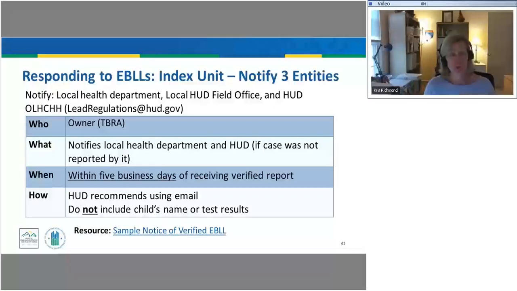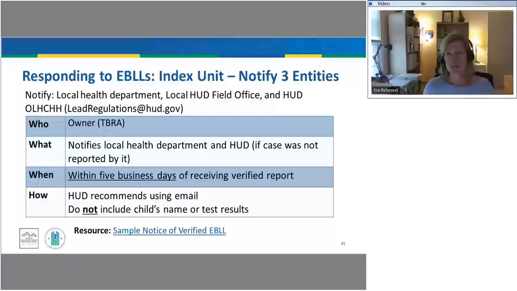If you are a PHA, you would want to include the PHA code, or if it's the owner, not a PHA, it would be the owner's name and address, the date of the elevated blood level test, the housing program, is it tenant-based rental assistance, what the unit address is, if it's a multi-unit property, the development name, and then whether the PHA or owner has notified the local health department or were you notified by the health department. And this all needs to happen within 5 business days of receiving a verified report.